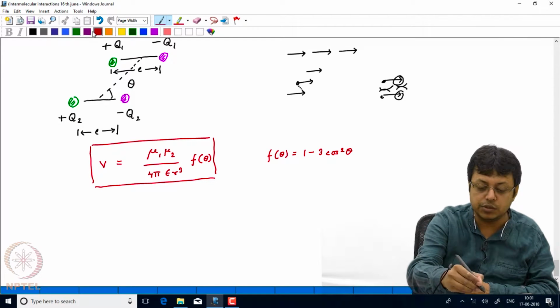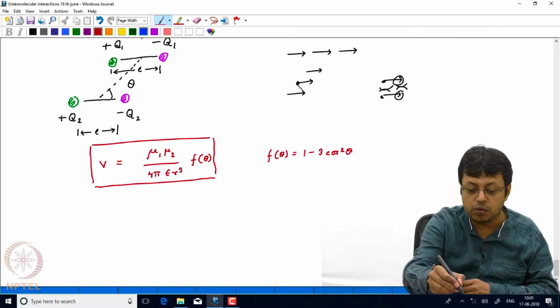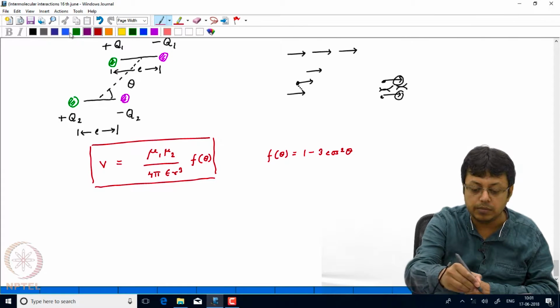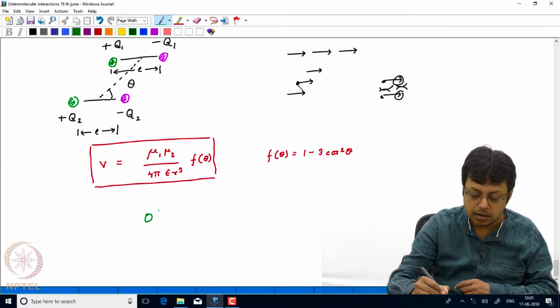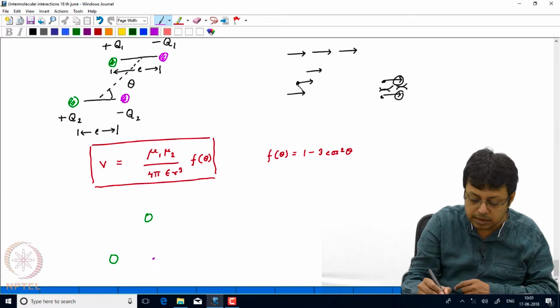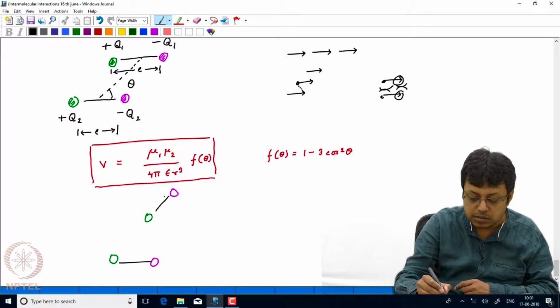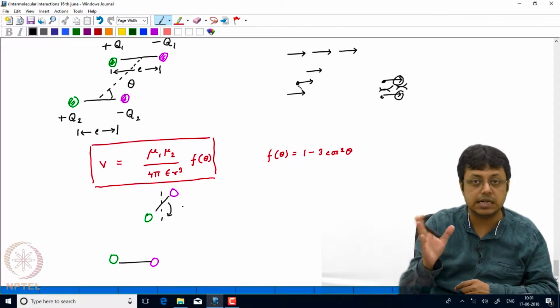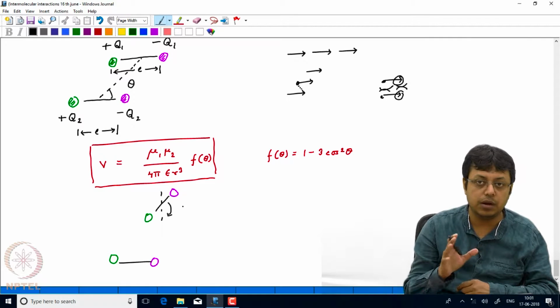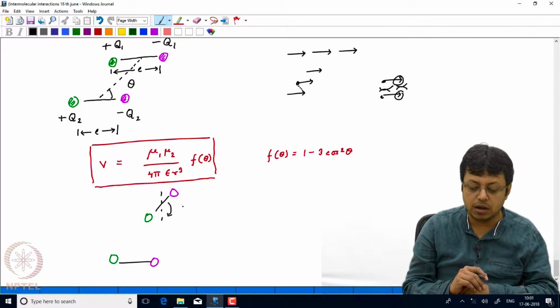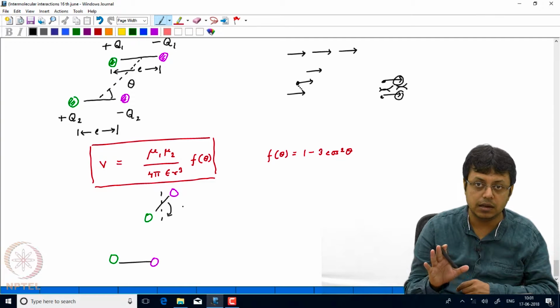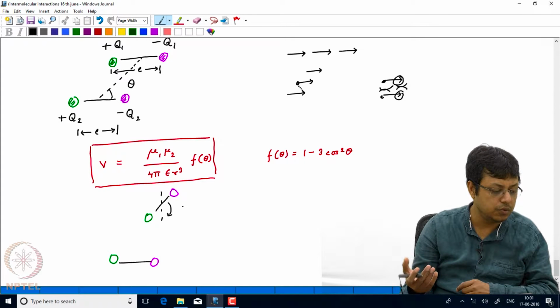But in the most general case, you could have the second dipole oriented differently, meaning the first dipole is something like that, but the second dipole is something like this. So, then you are talking about another angle, which is the tilt angle of the dipole, and that we are not considering right now. So, we are only considering the interaction between the two dipoles which are parallel to each other.